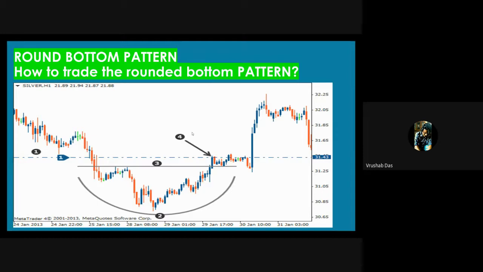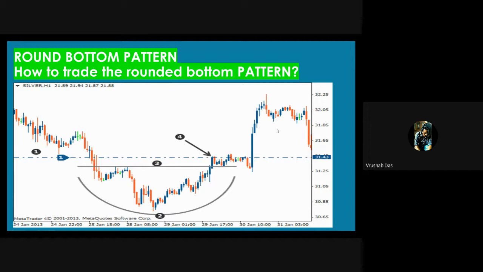If there is a bearish candle, or the price doesn't even cross the neckline, the probability of crossing the neckline decreases, and you can't get the profit levels.